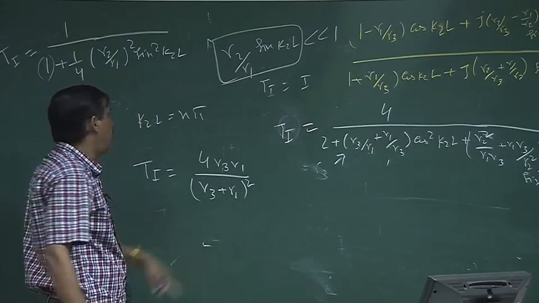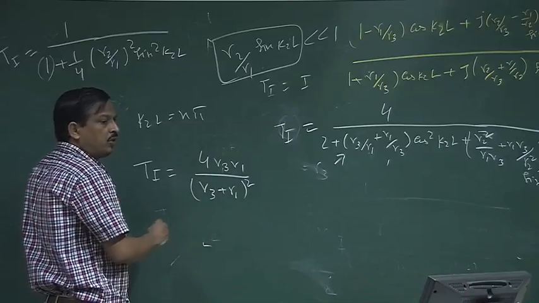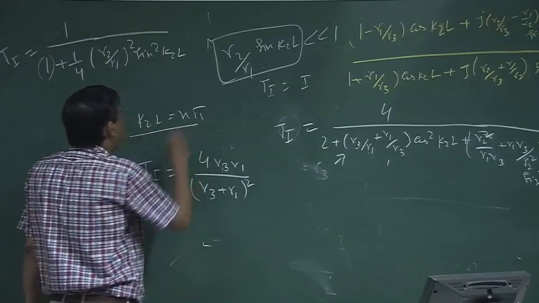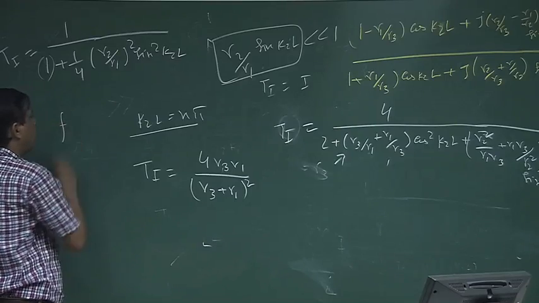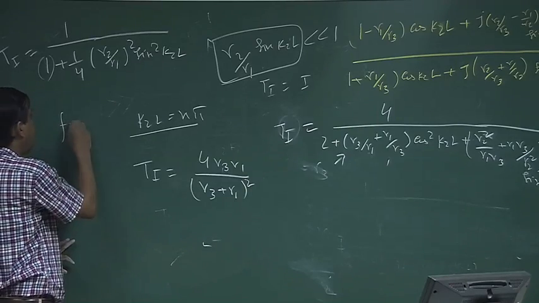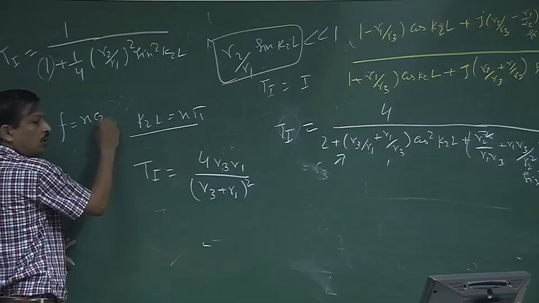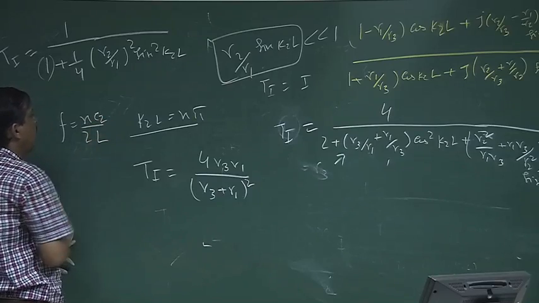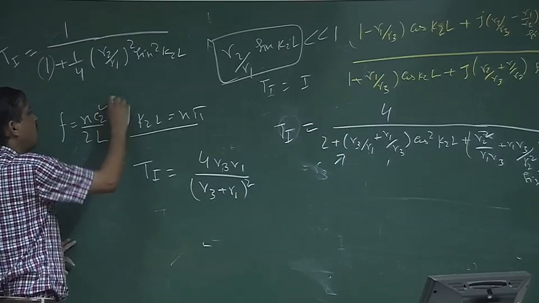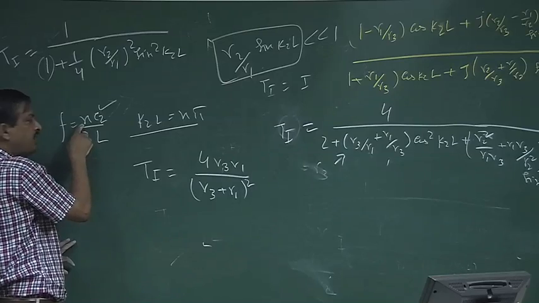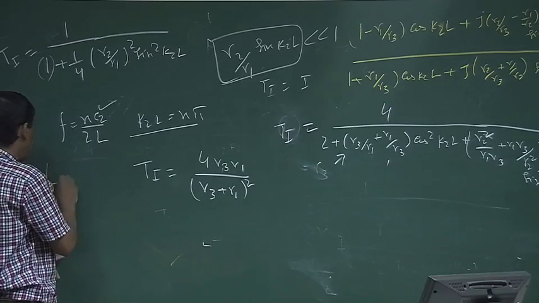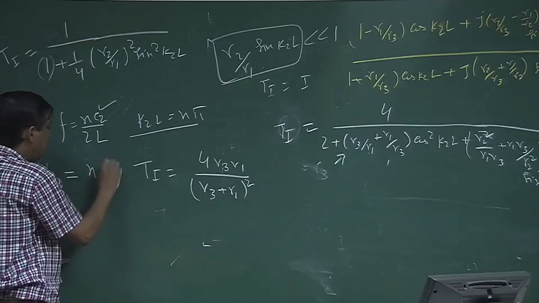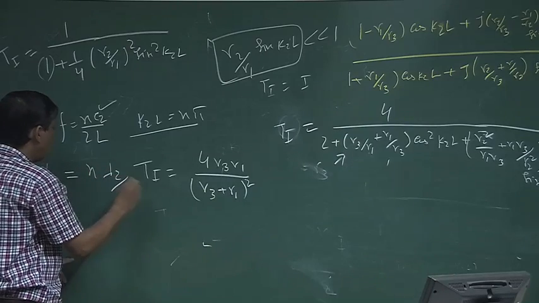Now, what do you mean by K2L equal to n pi? Then what is the frequency f? F is n C2 divided by 2L, where C2 is the velocity of sound in the second medium, n is an integer, and L is the thickness of the wall. So, L is n lambda 2 divided by 2.